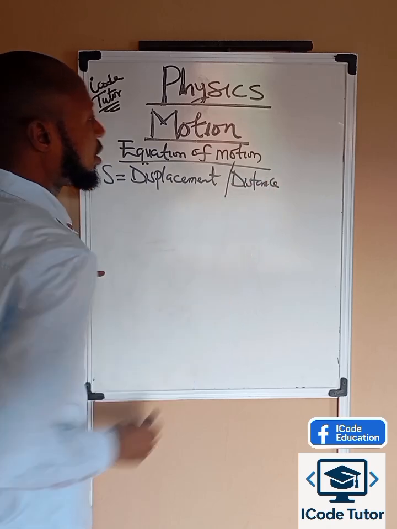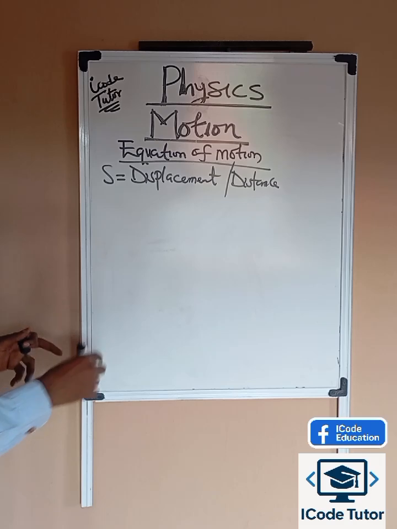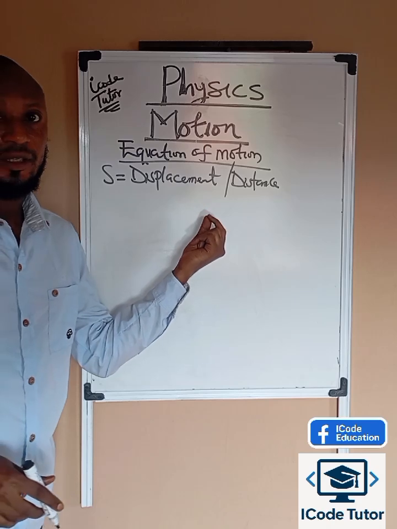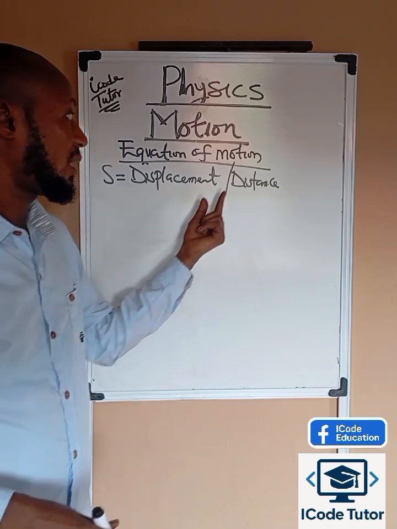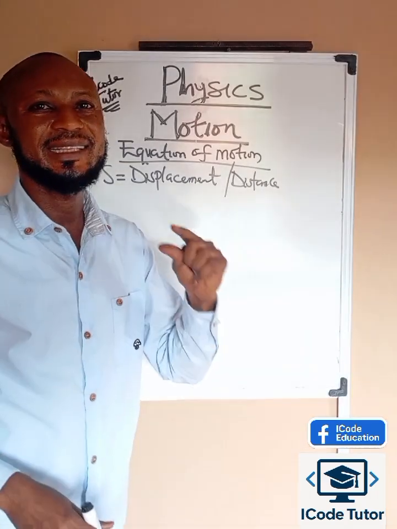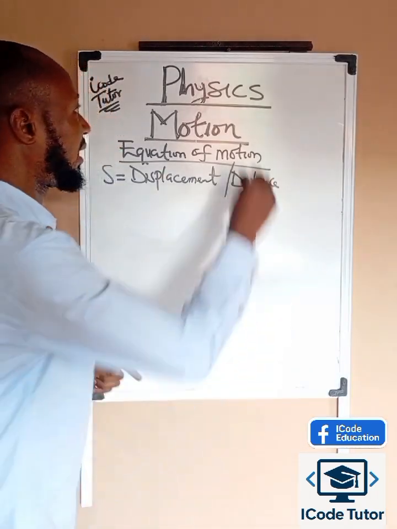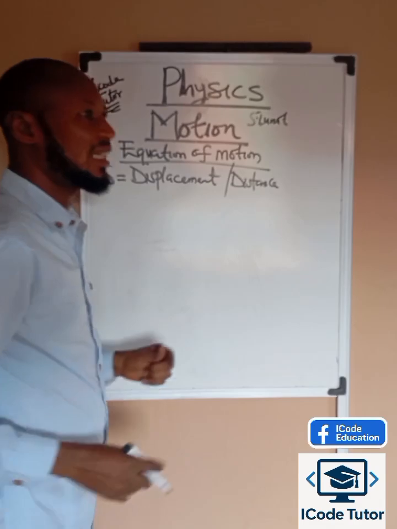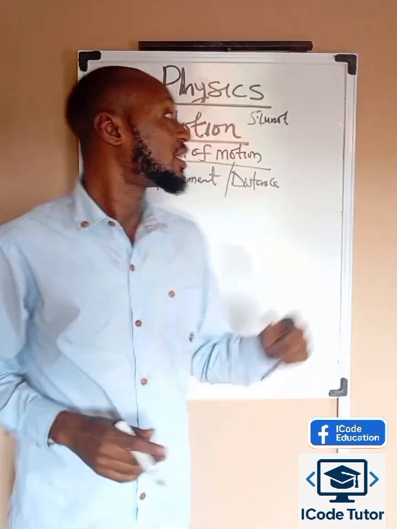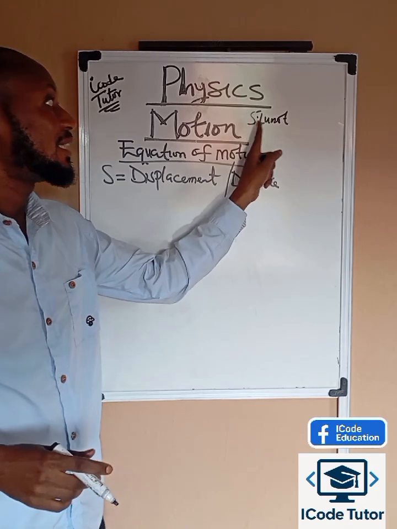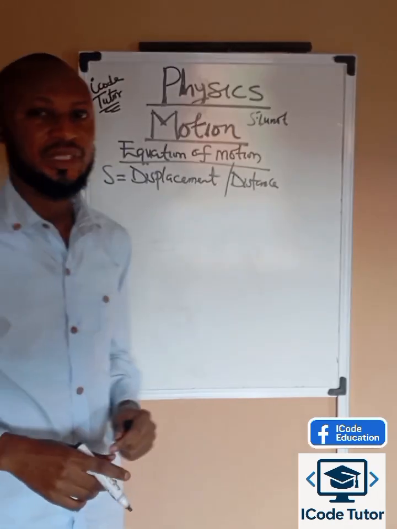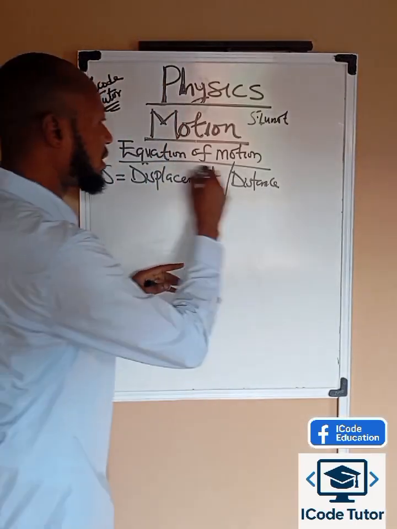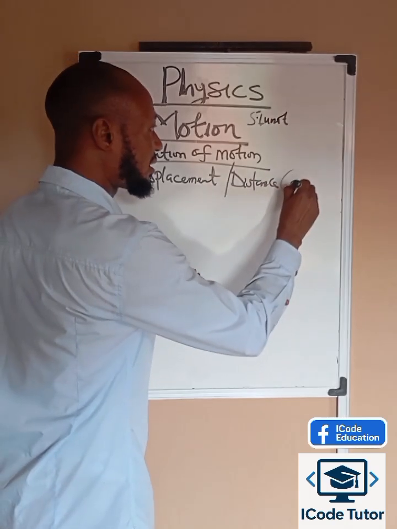You need to note the unit of each of these. For displacement and distance, there is what we call the SI unit, which stands for Standard International Unit, an advanced means of measurement. That means the unit of distance or displacement is the meter.